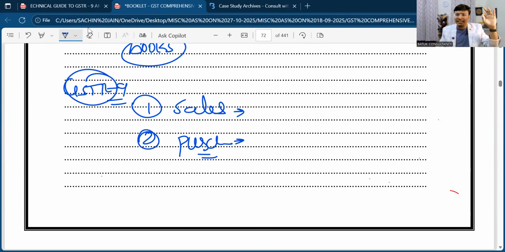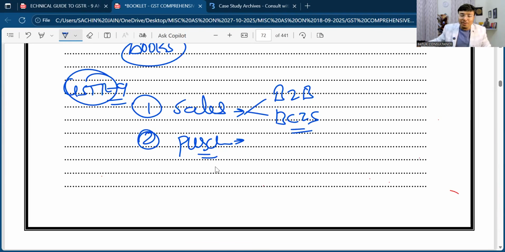Okay, so sales and purchase in your GSTR-3B or GSTR-1, you have reported the sales or purchase. Now question is that when you have made the sales, there may be chances that you have made the sales to registered person, that is called as B2B. You may make the sales to unregistered person, that is called as B2CS.